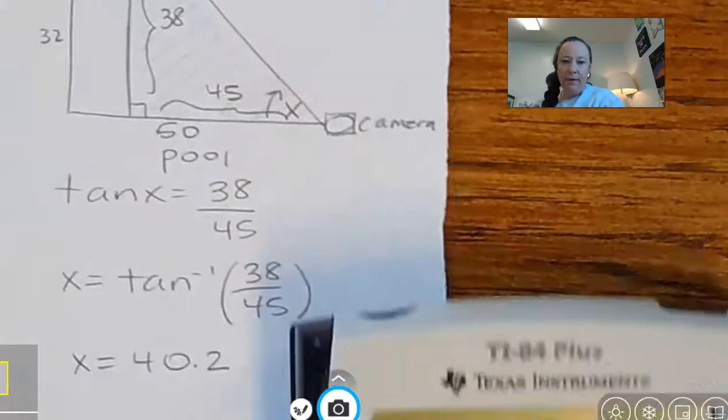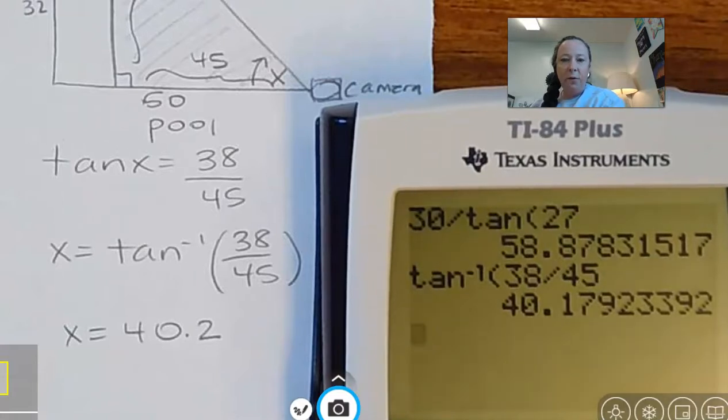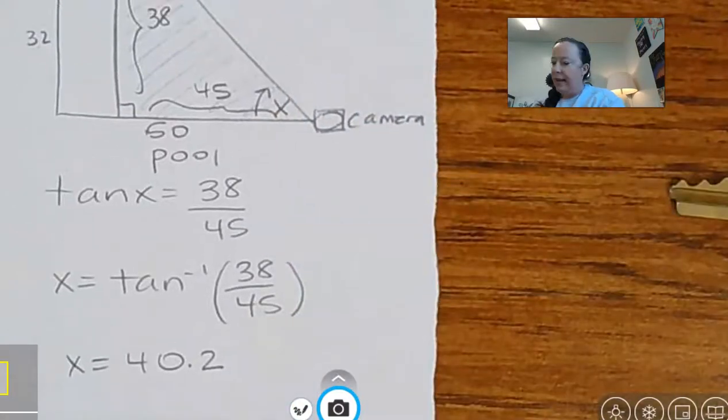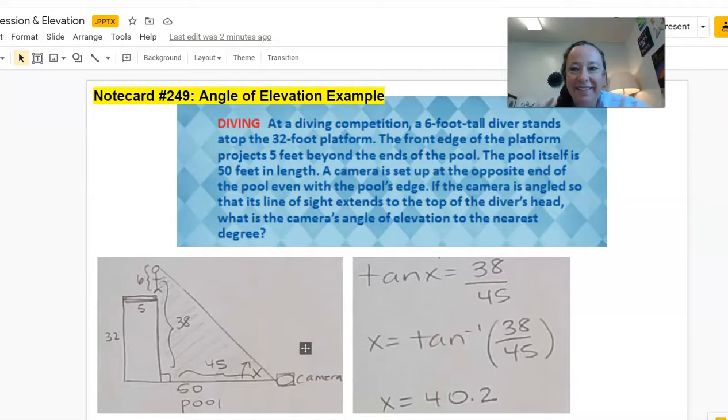And then, right, we type tan inverse of 38 over 45, and we get 40.2. So that angle is 40.2. All right, so I've got the picture here and the answer here. That was note card 249, so make sure you pause and finish that up.